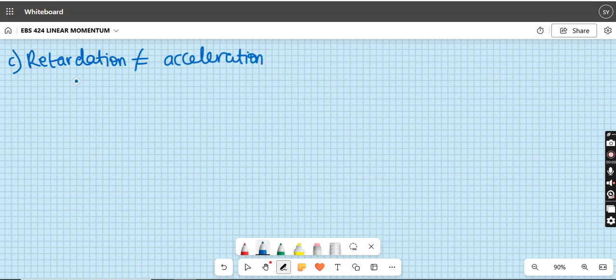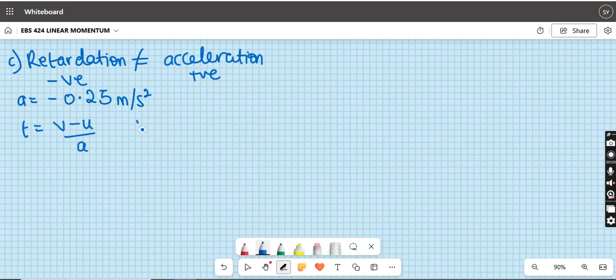Okay? Now, if acceleration is positive, retardation will be negative. So we are going to have a to be negative 0.25 meters per second squared. Now they are asking us for time. So let's use our formula v minus u over a. And we are talking about the car A.